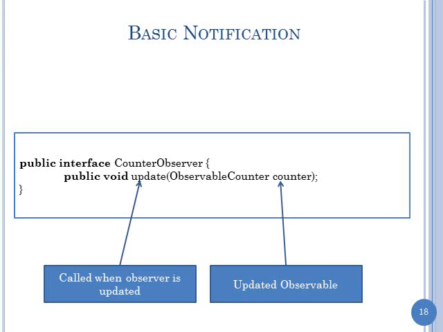Like you said earlier, if you wanted your update to do something different depending on what kind of observable it was observing, you might want to have another parameter that says what kind of counter it is. You're saying this type doesn't really describe it. Well, if that's the most general thing, you can do instanceof and find out the exact type.